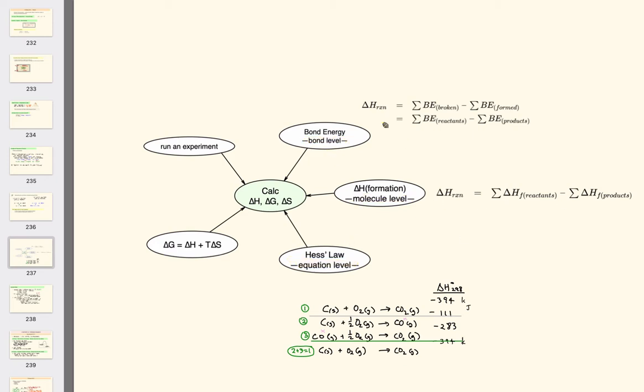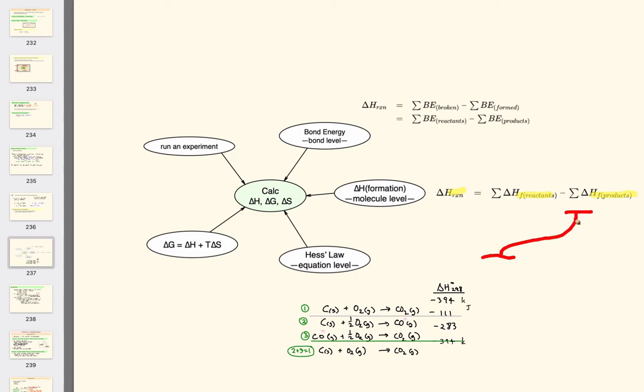So later, I don't remember which order, we're going to talk about the molecular level, which is that the delta H it took to form all of your reactants, if you subtract the heat it took to form all of your products, you'll get the heat for a reaction. Well, this kind of makes sense. We'll look at this again. You have reactants and you have an energy diagram, right?